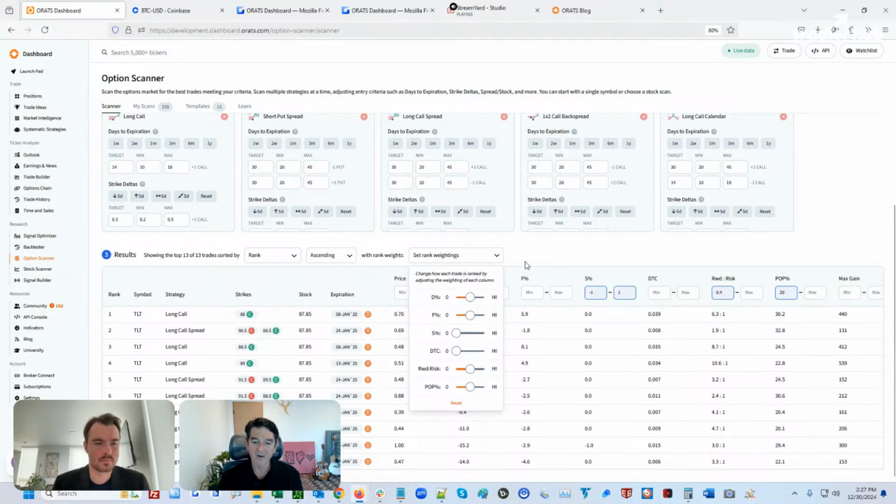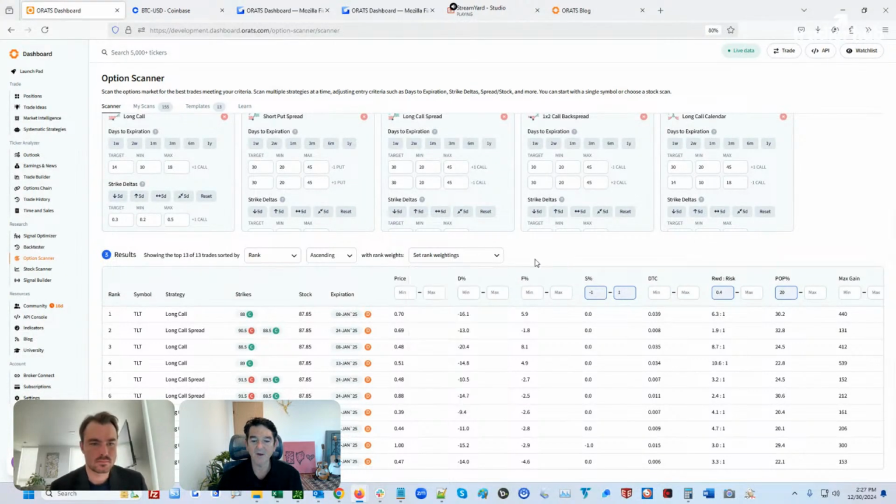So I want all those factors to help me find what I think is the best trade. And so it likes this long call. It's right near the money, 70 cents. It's got something like 9 days left. And even though it's got a negative distribution number, a lot of other ones do, it's got a positive forecast.